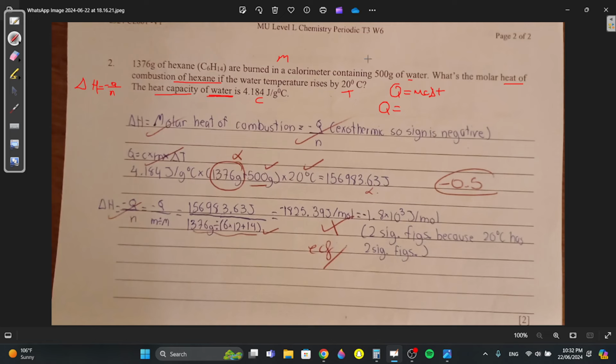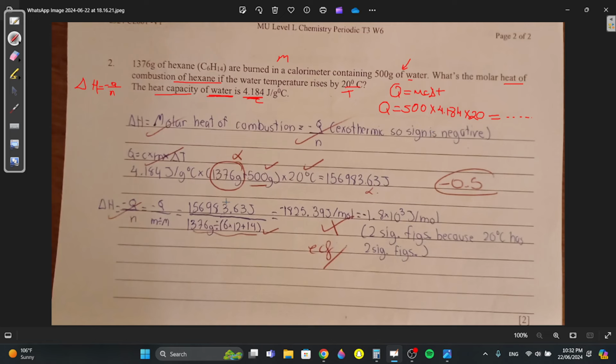So we take the mass of water. So 500 times 4.184 is the C, times the temperature, 20 degrees Celsius. You get whatever you get, and then you get that Q. Wait, hold up.